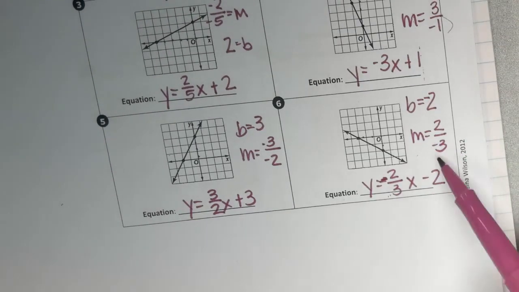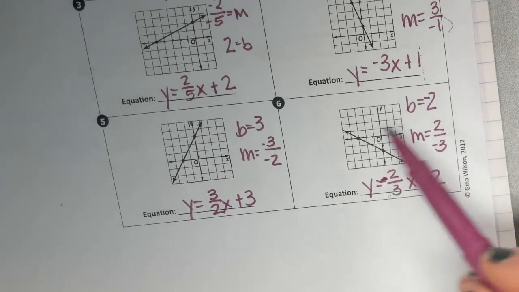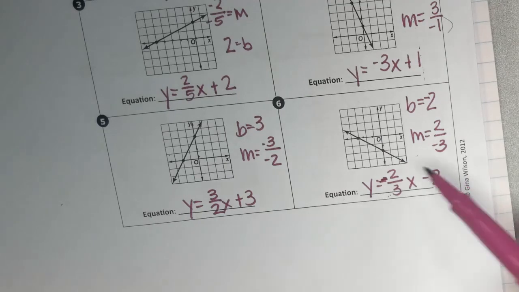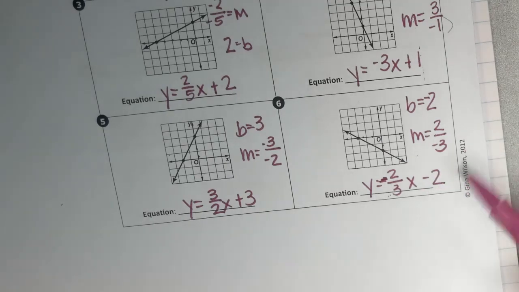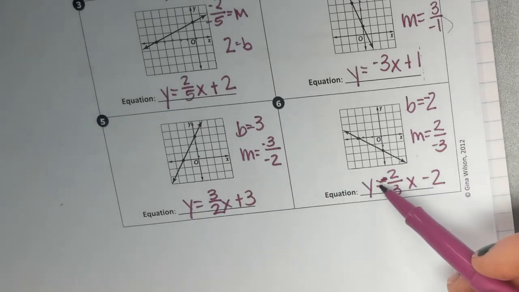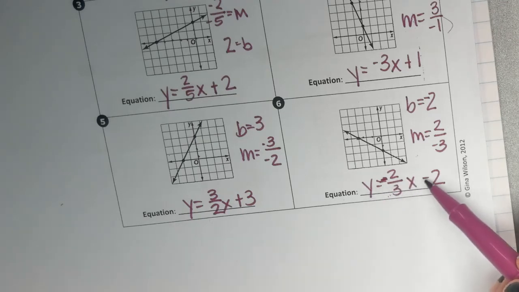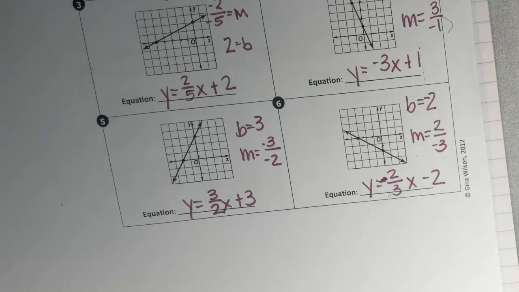It doesn't really matter where you put the negative number on the slope because we've discussed before how that's just going to be the same slope line. So it's just going to still be negative. You can put it at the top, you can put it in the middle if you want. So y equals negative 2/3 x minus 2 because it was a negative 2 y-intercept.